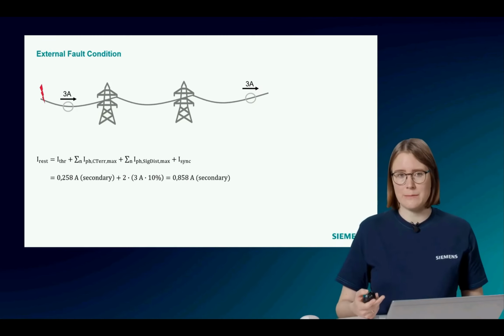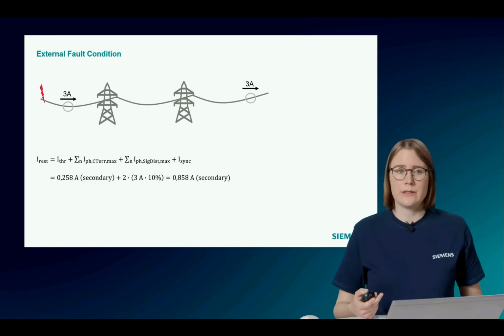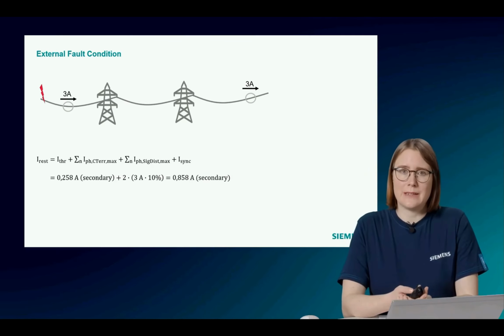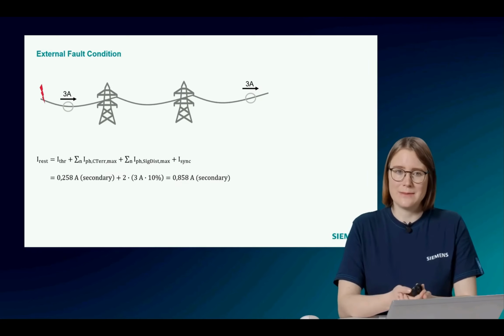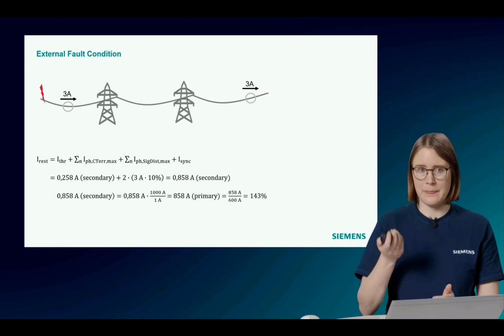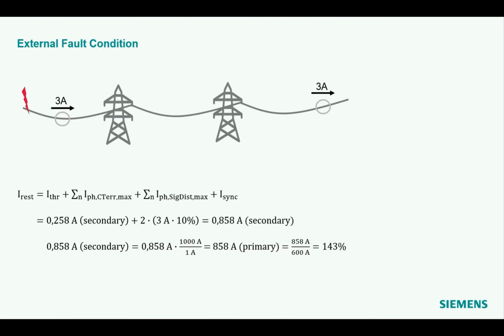That means this time we use the 3 amps current flowing multiplied by the 10% CT error, and this also twice, since we measure this current in both CTs. Then the result is a little bit bigger value of 0.858 amps secondary. In primary, this means 858 amps.